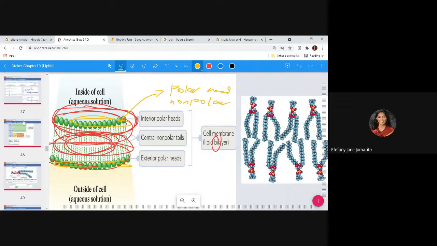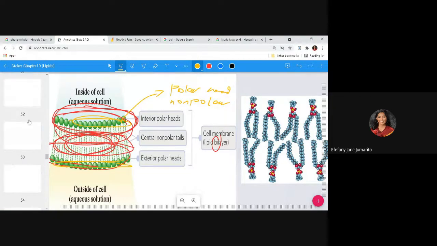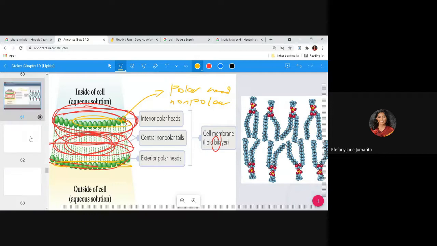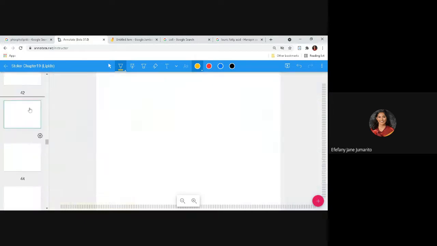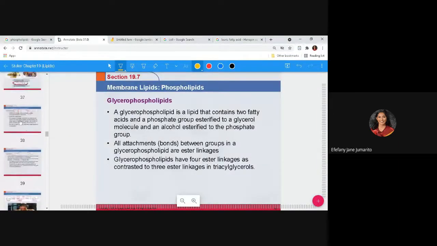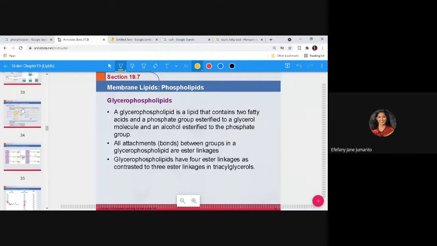Why is it polar, class? It is polar because when we say polar, it is soluble with water. It has oxygen. When you see oxygen in your molecule, especially oxygen and hydrogen, it is a polar molecule.